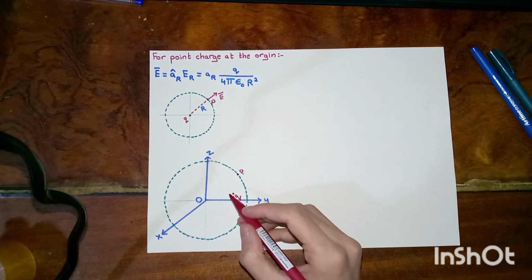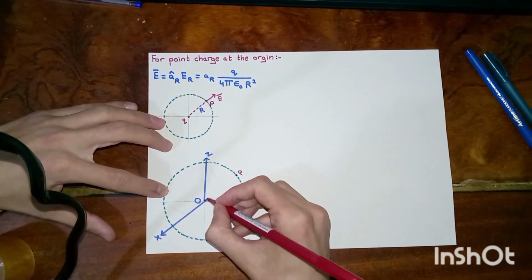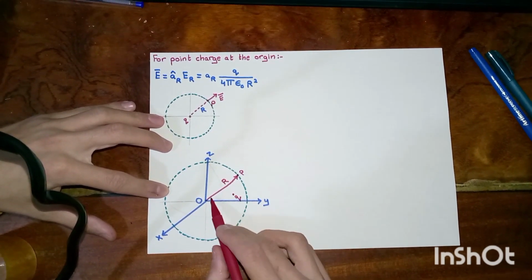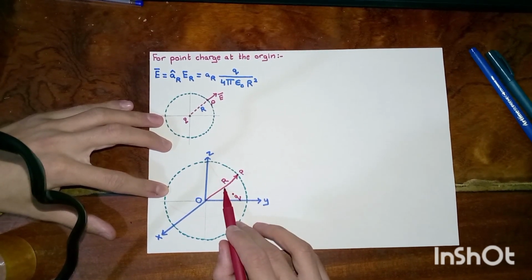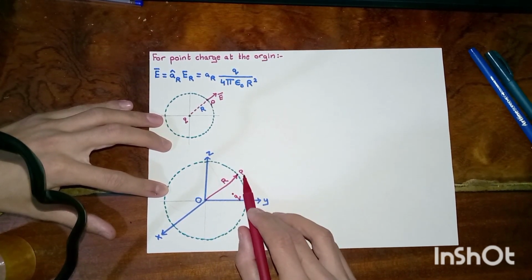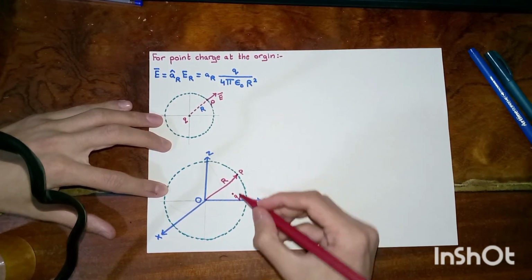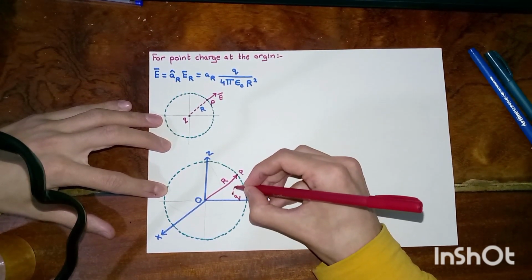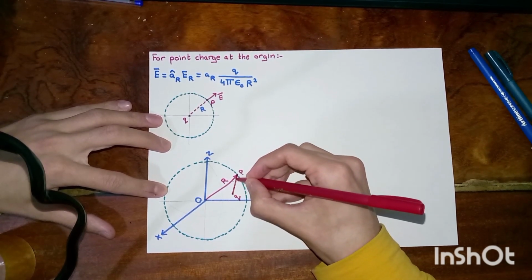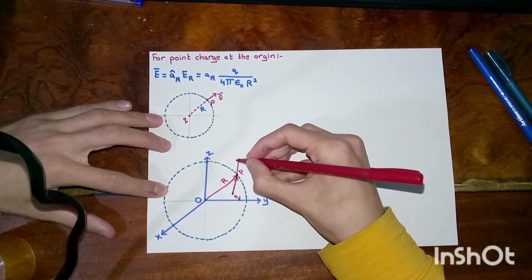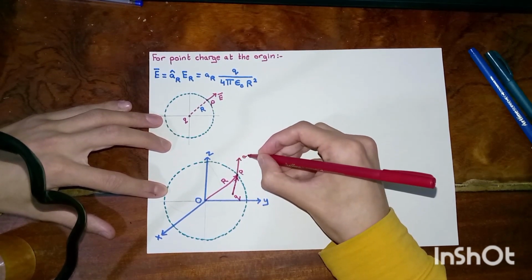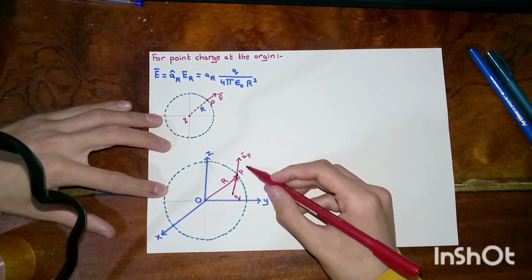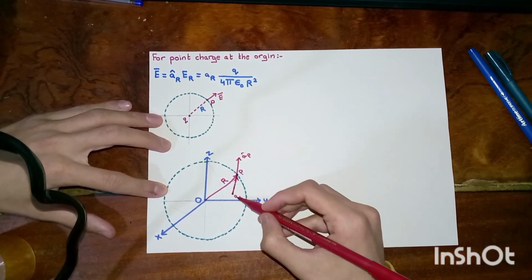Firstly, we have the vector r, whose magnitude is the radius of this sphere, and this vector represents the position of the point P. The electrical field is going to be along this vector between Q and P. This is the direction of the electrical field, and let's say it's A sub P. This vector A sub P represents the direction of the electrical field at P because of the charge Q.